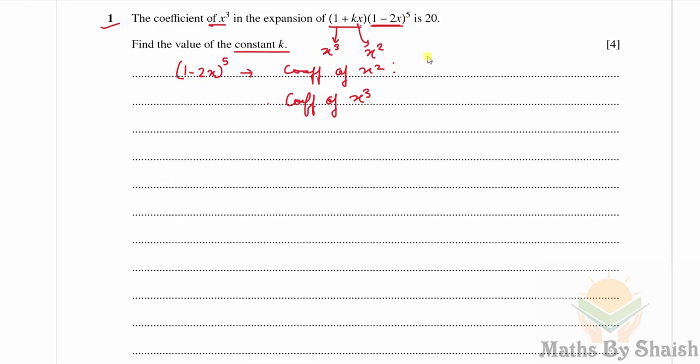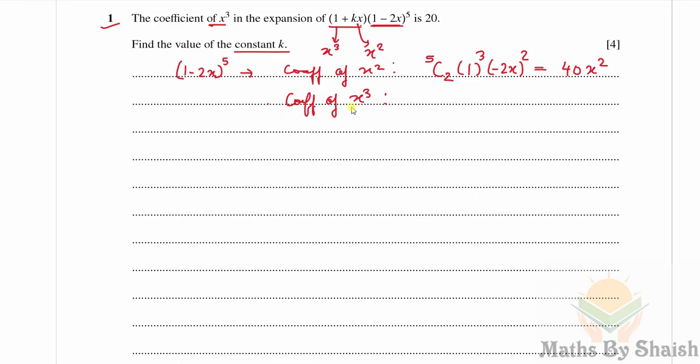So for the third term, it is 5C2, 1 to the power 5 minus 2, that is 3, and (-2x) to the power 2. This gives us the coefficient of x square, which is 5C2. 5C2 is 10, and (-2) square is 4, so 4 into 10 is 40, and it becomes 40x square.